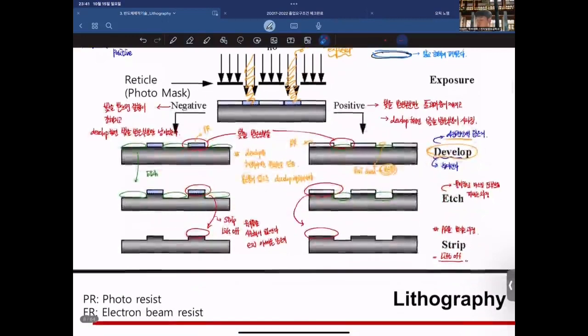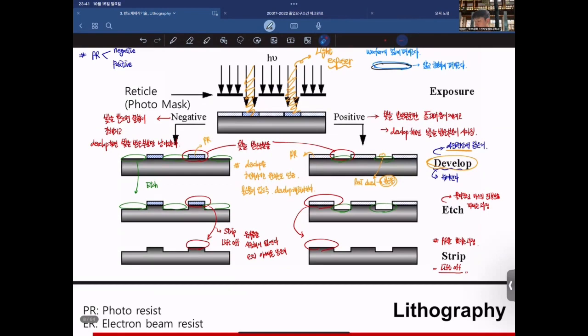And we can make this shape, and this is after develop. Develop is removing.